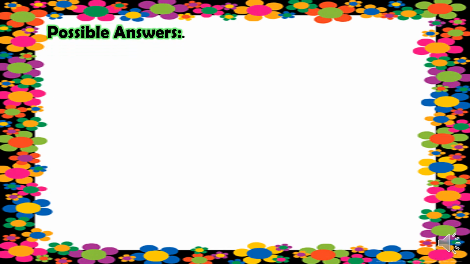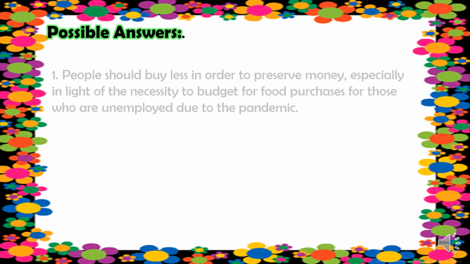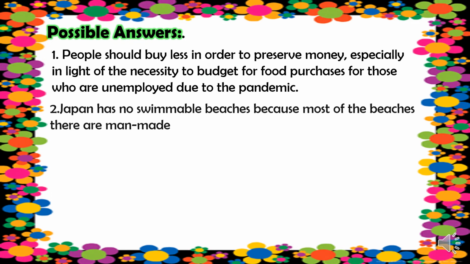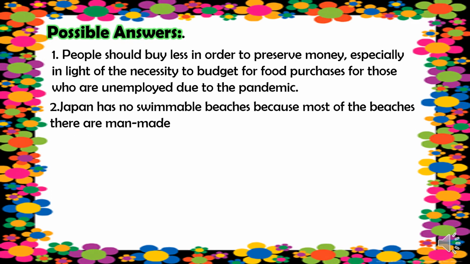Okay, so here are my sample answers or the possible answers. For number one, people should buy less in order to preserve money, especially in light of the necessity to budget for food purchases for those who are unemployed due to the pandemic.